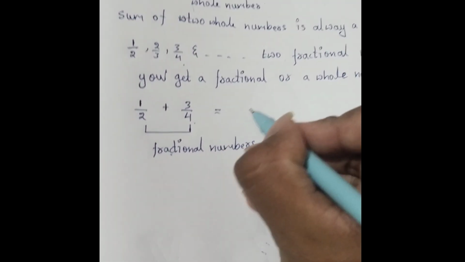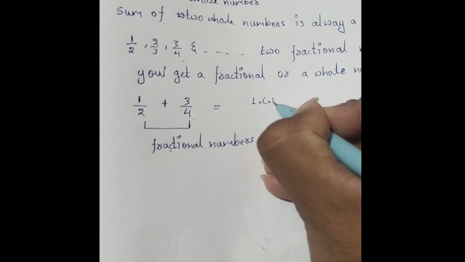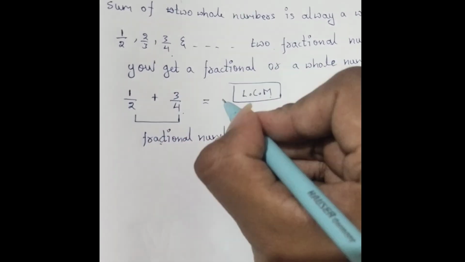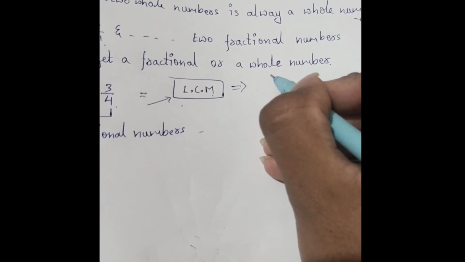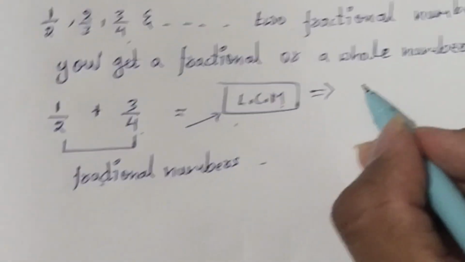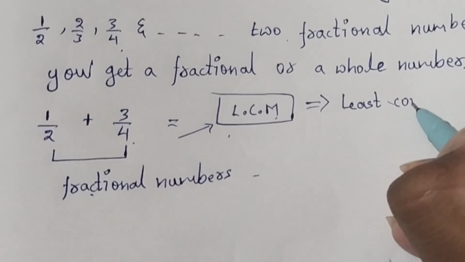So here we're gonna use LCM. We're gonna find the sum of these numbers using LCM, which stands for least common multiple.